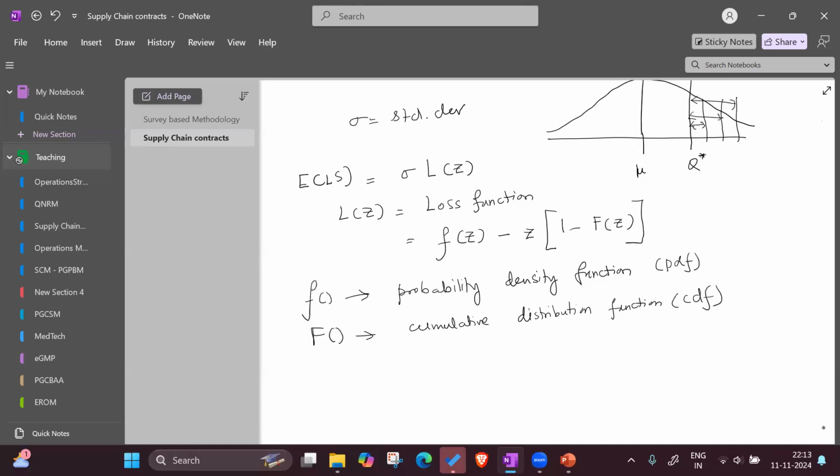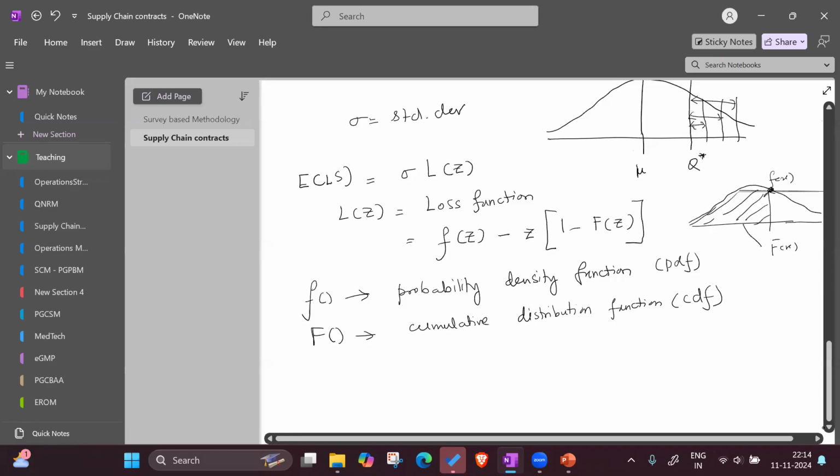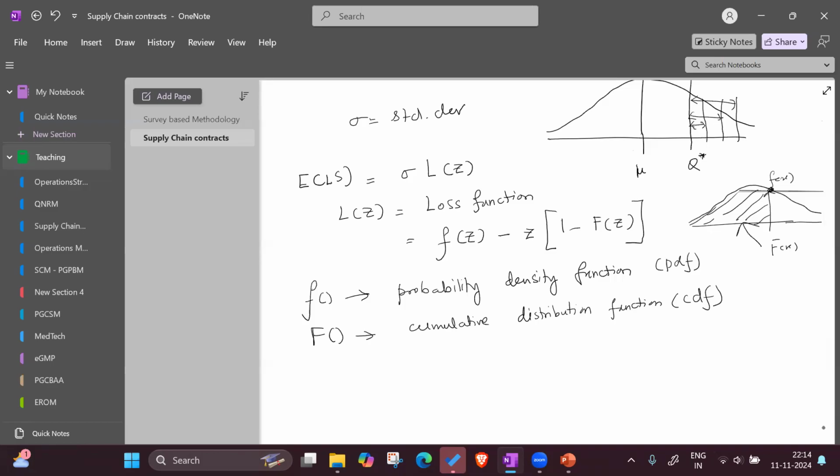PDF is like the probability at a particular point, while capital F is the sum of probabilities of all the values till that particular point. So in the normal distribution, small f of x is the height at this particular point, and capital F of x is all the area to the left of this. So that's what these values represent.